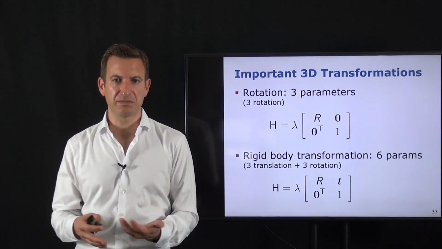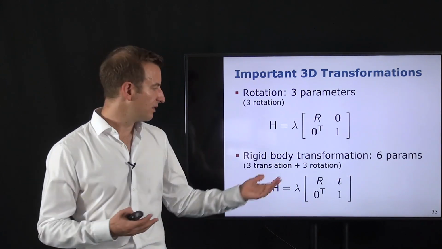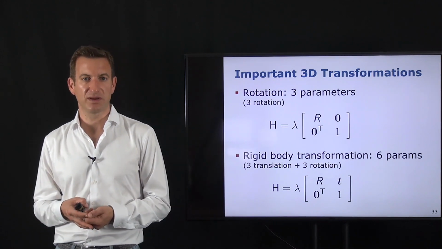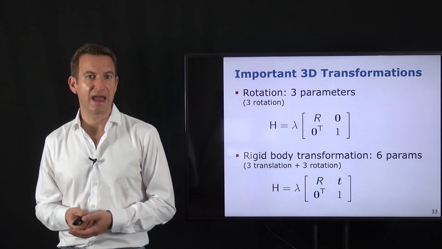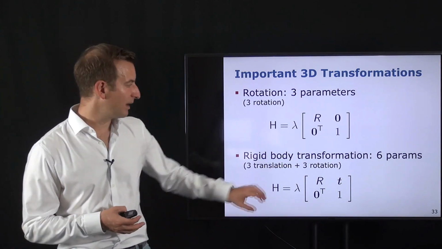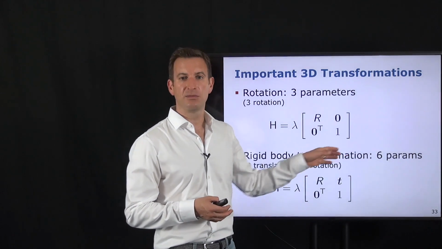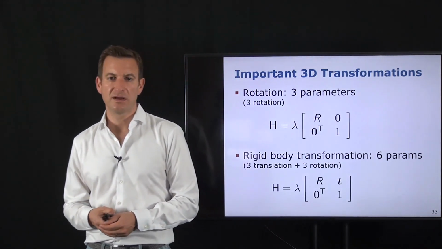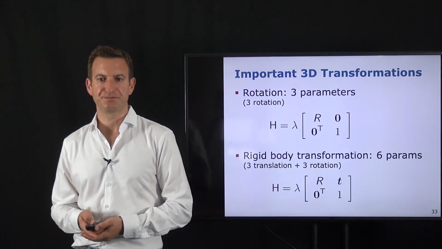If I multiply now a point with this transformation H, it basically executes a rigid body transformation consisting of a rotation and a shift, a translation. So if you multiply a point here from the left-hand side, the point will be rotated by the rotation matrix R and translated by the vector T.